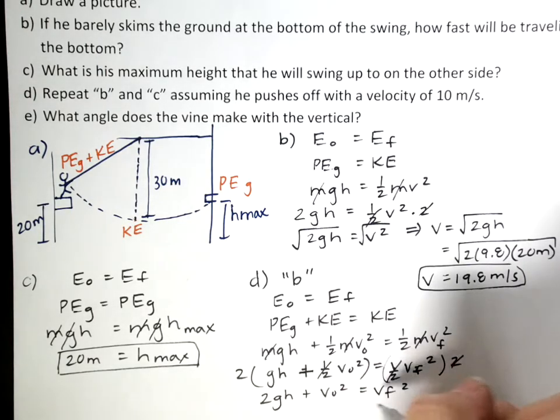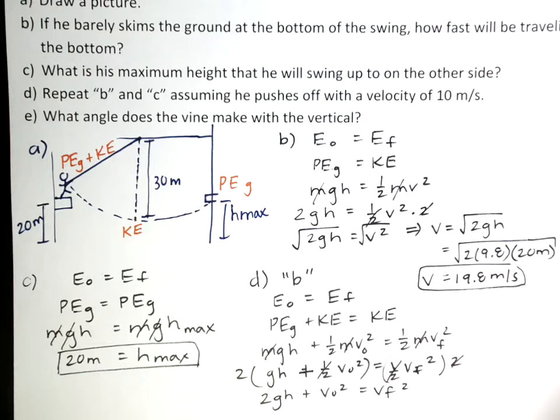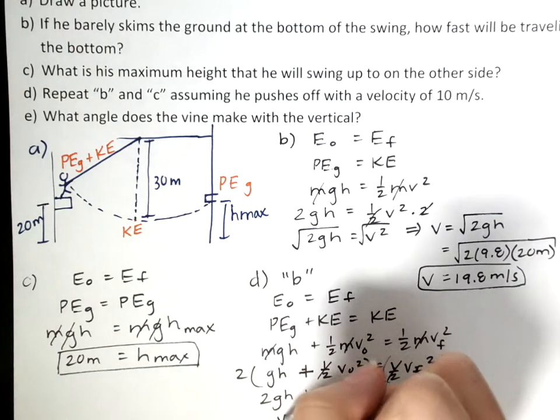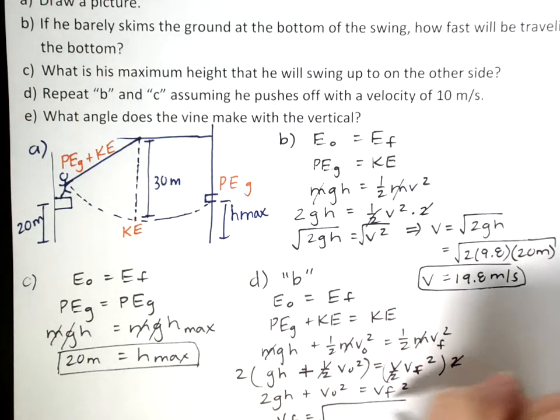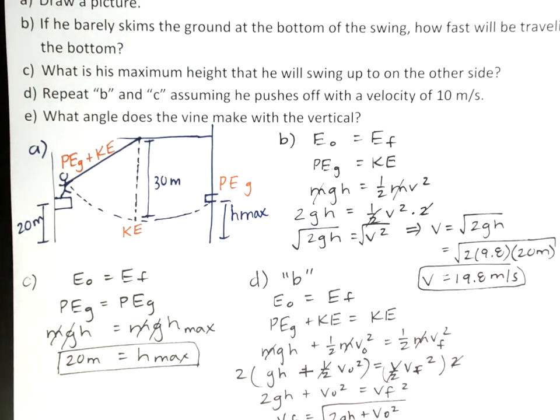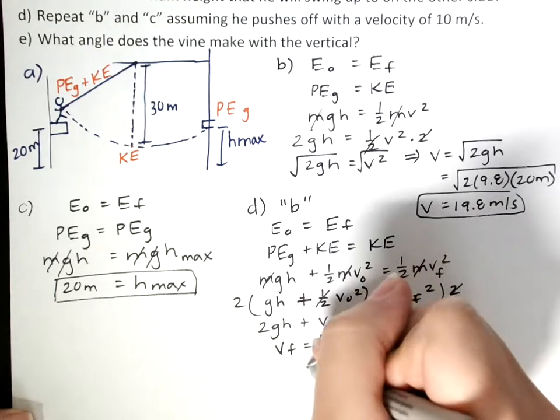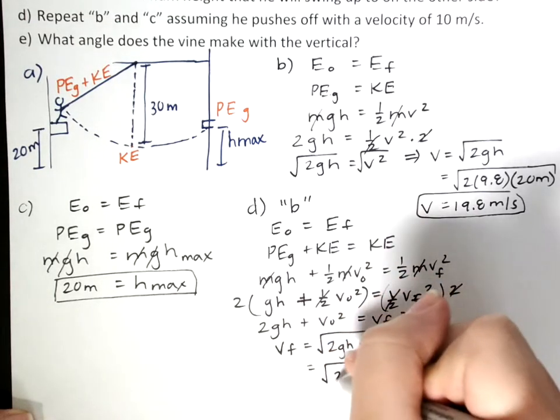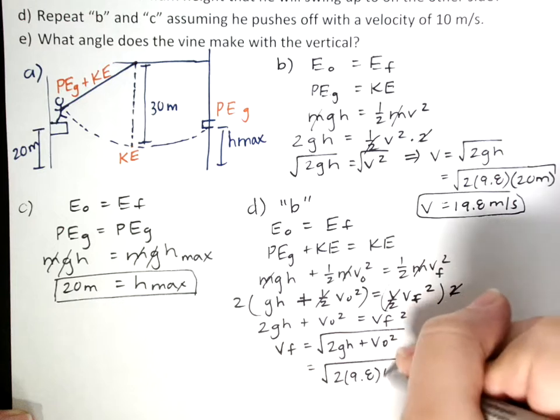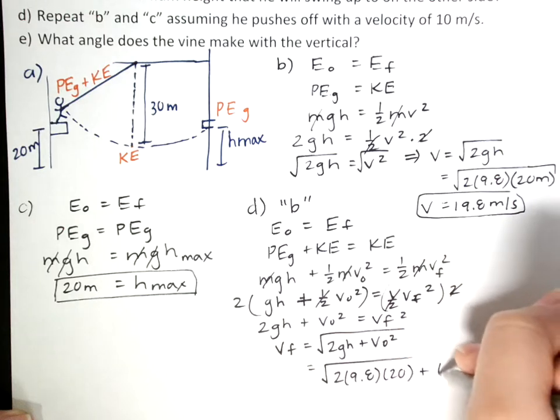Okay, so let's solve for vf. vf is equal to the square root of 2gh plus v initial squared. Let's plug in our givens. Gravity is 9.8, height is 20, and his v initial was 10 meters per second.